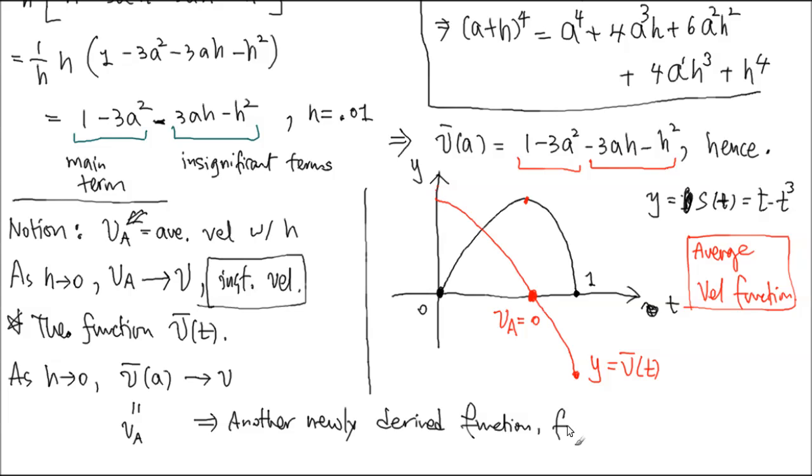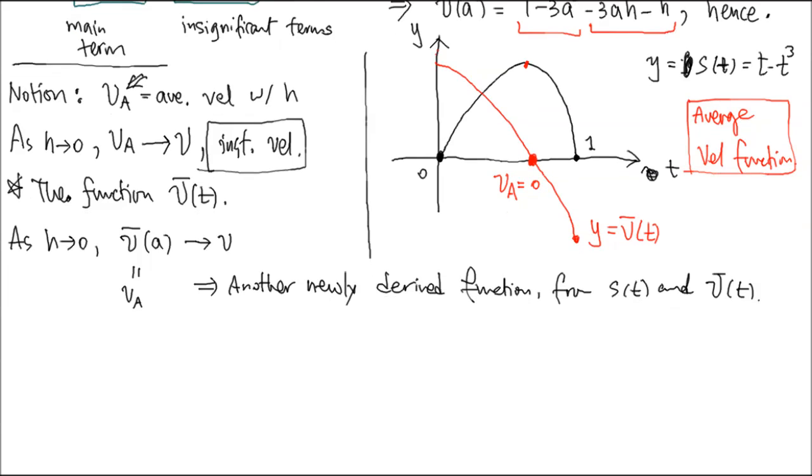Originally from s of t and via this average velocity function v bar t, right? Using these two ideas, sending h approaches 0, we have a new behavior. So this is the idea, this algorithm.